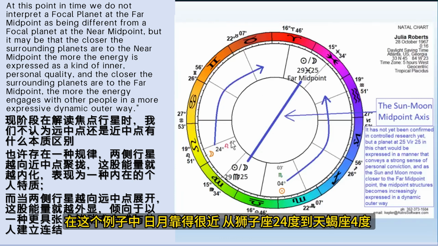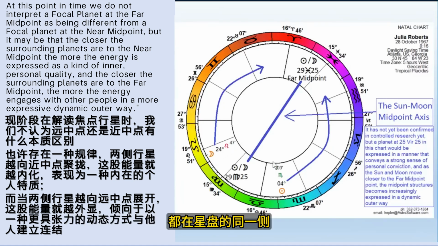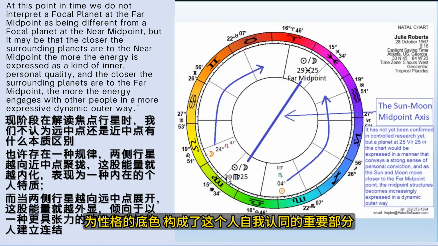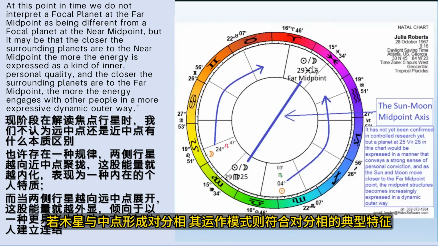So in this case, Sun and Moon are close together, from 24 Leo to 4 Scorpio. They're on the same side of the chart, one in the 2nd house, one in the 4th house. So a planet here is acting in an interpersonal way. This is how the person is. This is what's important to them. If Jupiter was opposition, it's acting like an opposition.